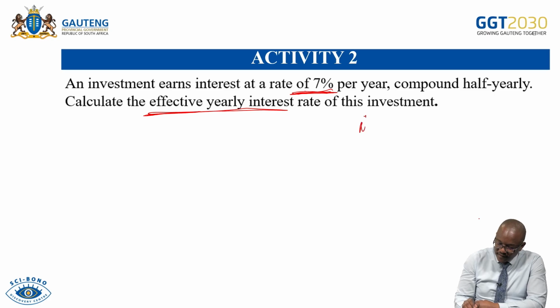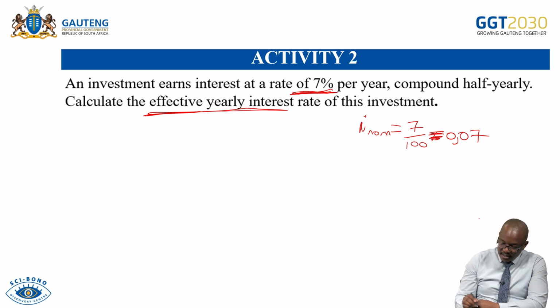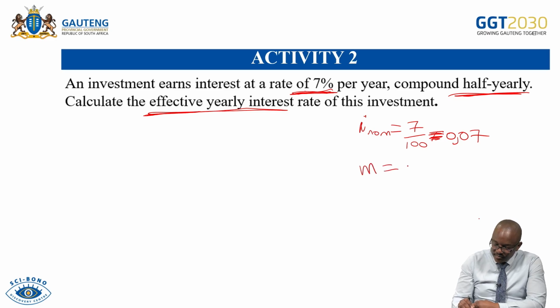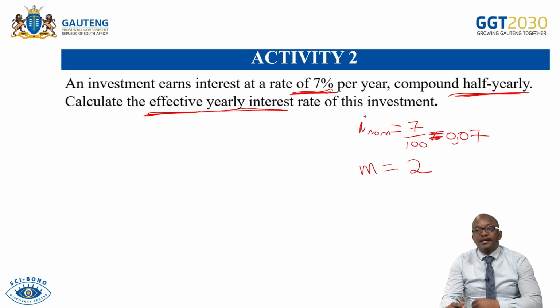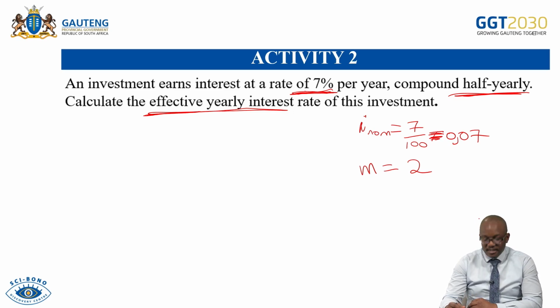You identify your I nominal, which is 7. We divide it by 100, then we get 0.07. Then they say the interest is charged half yearly. Remember, half yearly, our different period, means 2 times a year. It means every 6 months the interest is being charged.